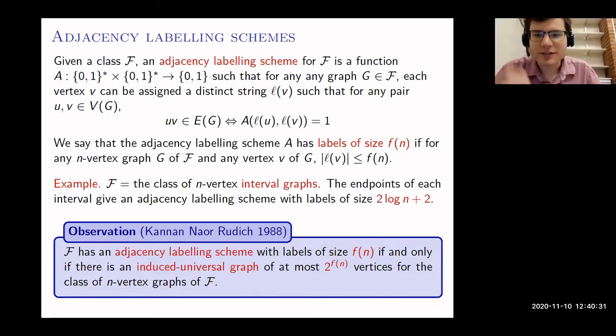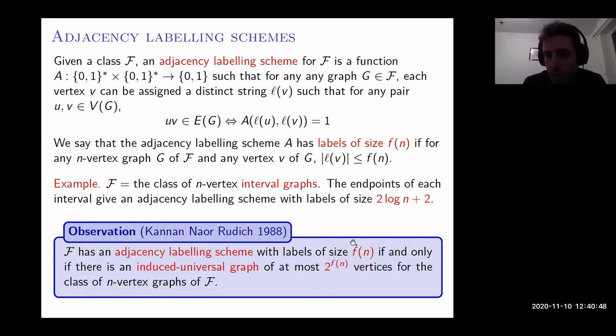Just a quick question to clarify. Since we're saying that there are 2 to the f of n possible labels, does it mean that we assume that the labels have length exactly f of n? Because it says at most f of n in the definition. Yes, it's always at most. This is the definition I gave: labels of size f of n is shorthand for at most f of n.